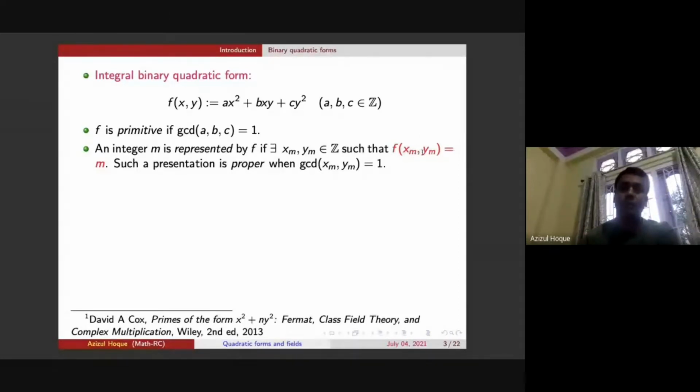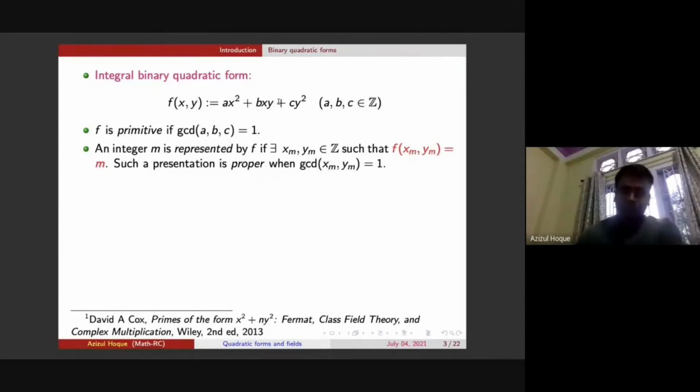Basically, we are talking about the solutions of the equation f of x, y equal to m, that is, the existence of solutions of that equation in integers.